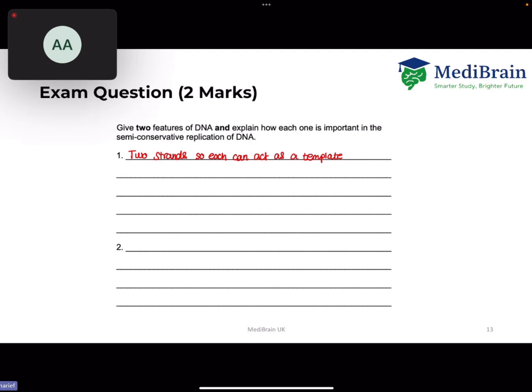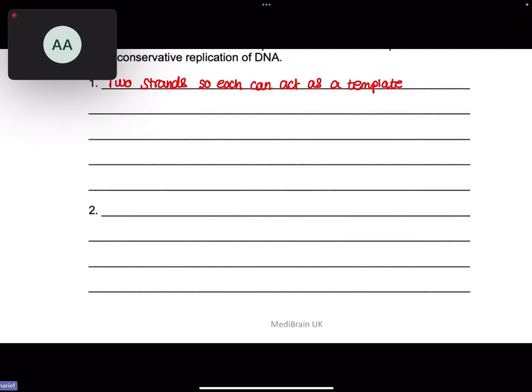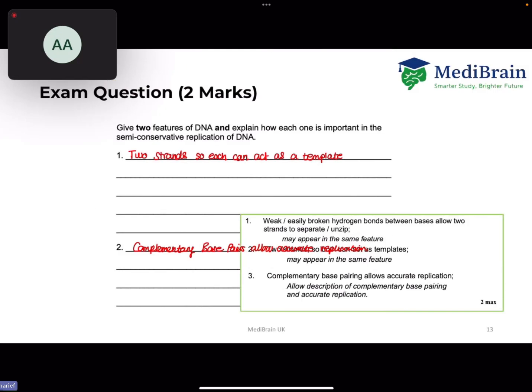And I also write down the complementary base pairing rule, because complementary base pairs allow accurate replication. Okay, those were the 2 points that I would have.